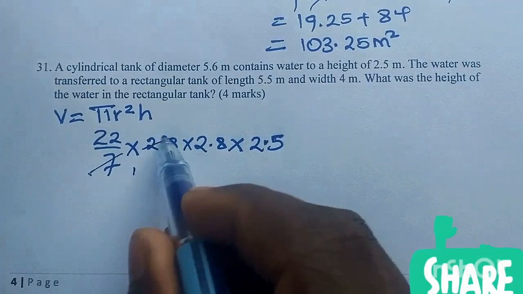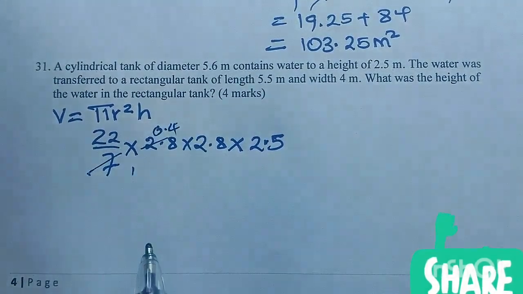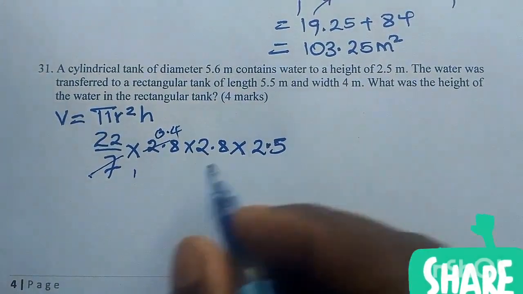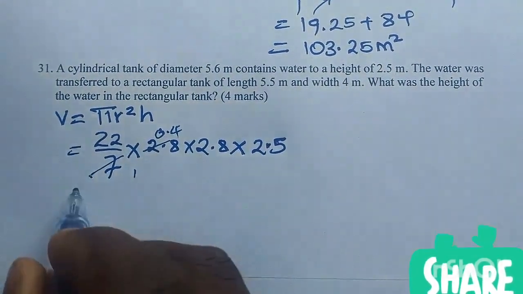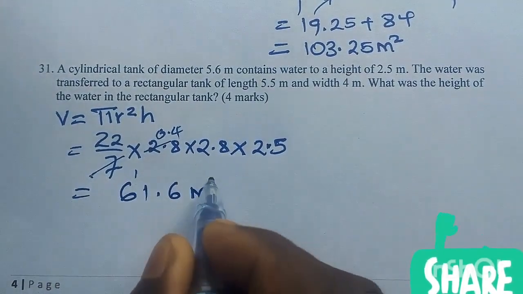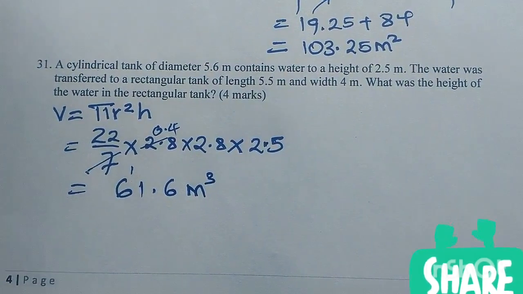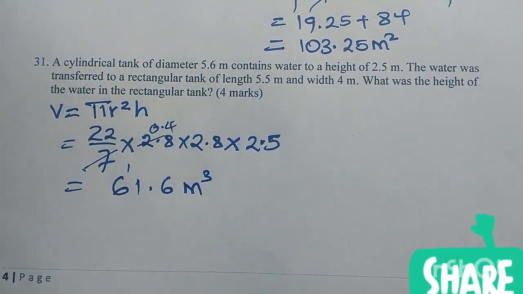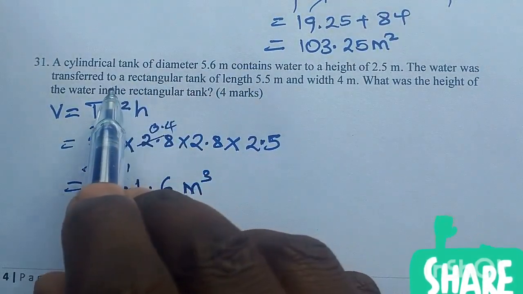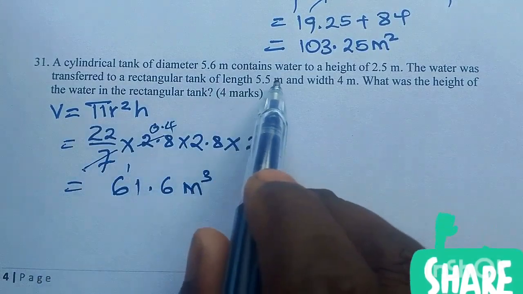So 7 ones here, 0.4. And this one will give us 61.6 meters cubed. Next, the volume in the cylindrical tank was transferred to this, so the volume is going to be the same.